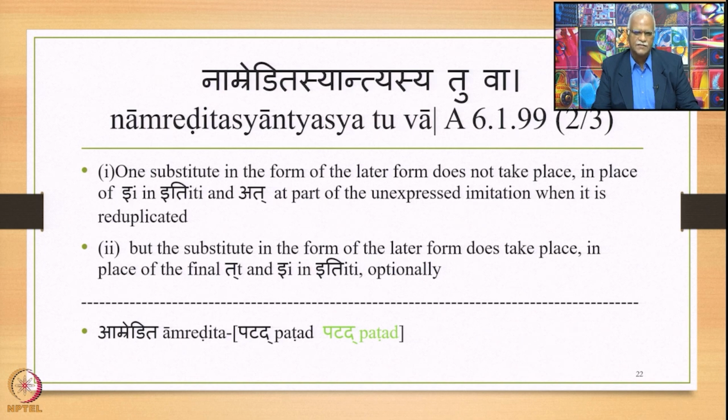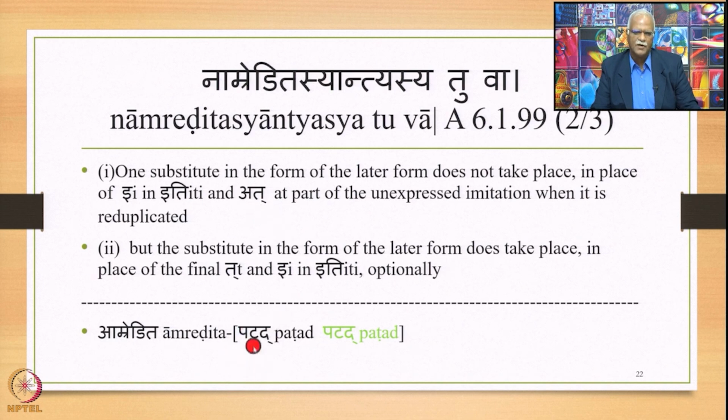And the second sentence is, but the substitute in the form of the latter form does take place in place of the final t and the e in iti, that too optionally. So not this entire at is replaced, but only this t is replaced.